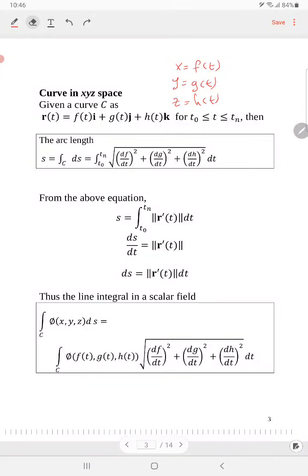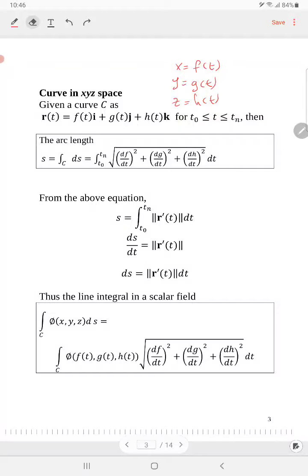Okay, so if you have a scalar field phi(x,y,z), you integrate over curve C. So you have phi ds over curve C. Now when you see x, you replace it with the parametric equation for x, or the x component, which is f(t), and y with the y component, which is g(t), and z here is replaced by h(t), which is the z component, and ds here is the square root of (df/dt) squared plus (dg/dt) squared plus (dh/dt) squared, and the integration is with respect to t.